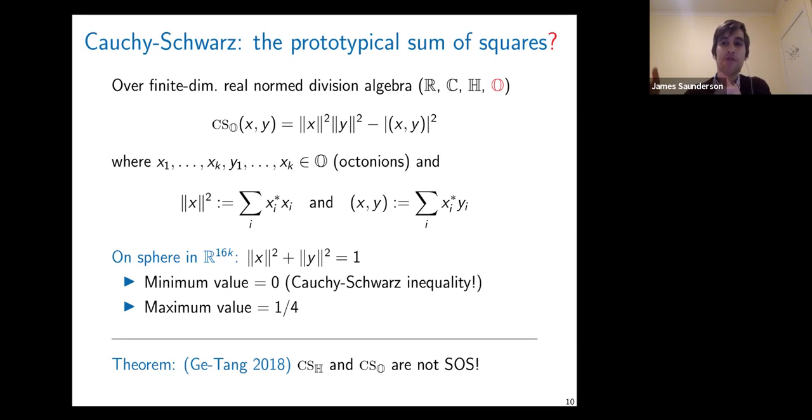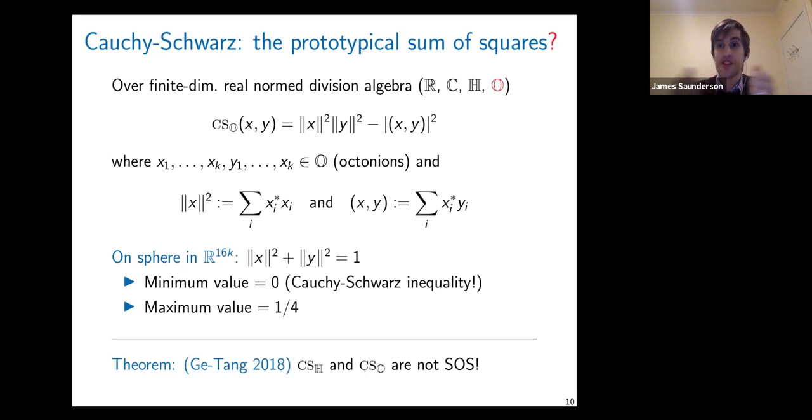There's a conjugation operation where I keep the coefficient of the identity as it is, and I negate the coefficients of all the other 7 units. And so these are the key things you need. Once I have these, I can take a list of octonions and define the norm squared by taking the sum of the octonion times its conjugate, which gives you a real positive quantity.